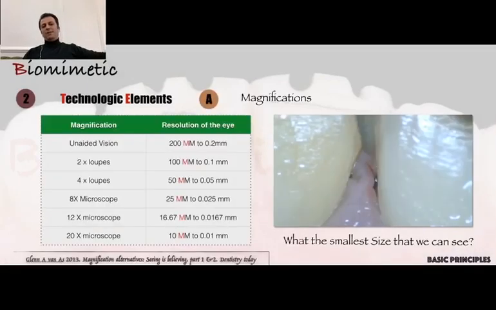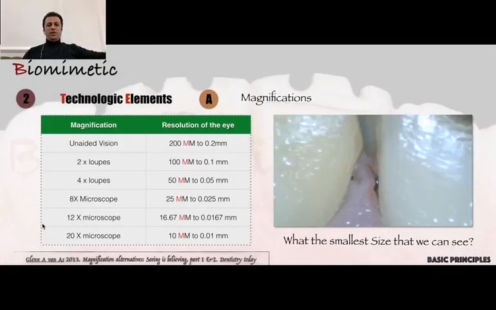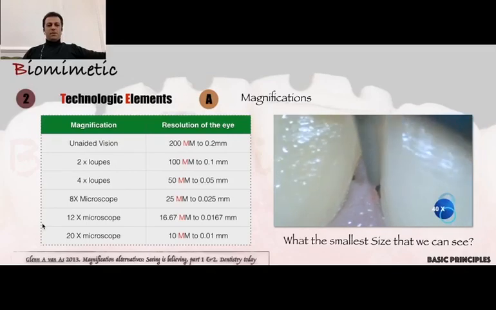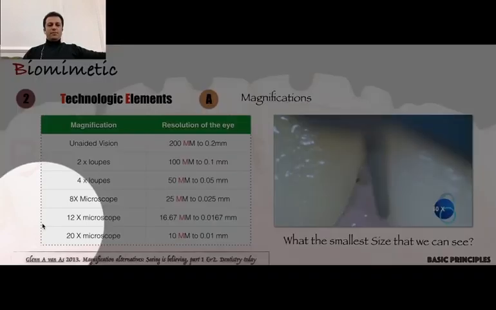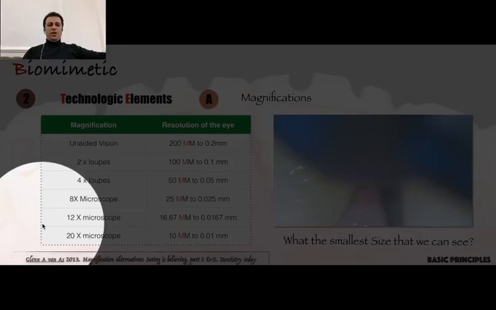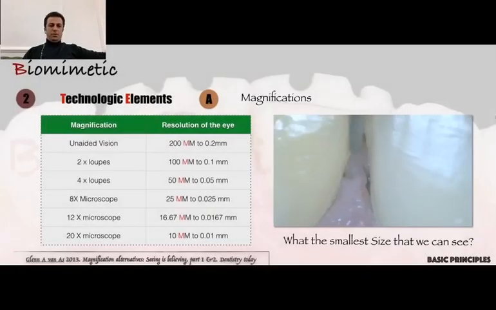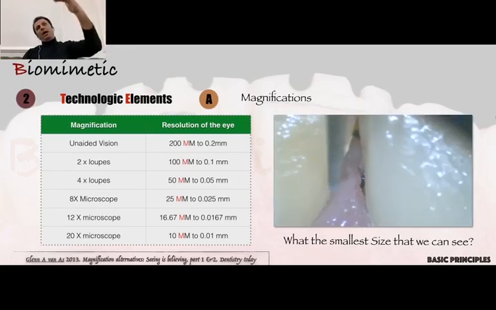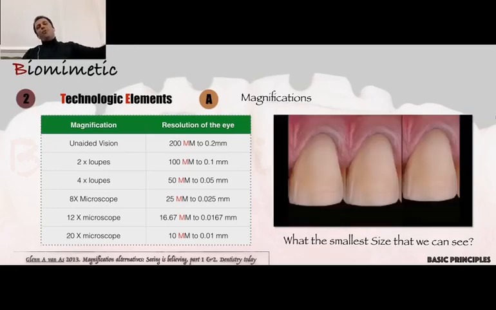So you have to use magnification. If you look here, unaided vision is around 0.2 mm, while we are dealing with less than 0.1 mm.